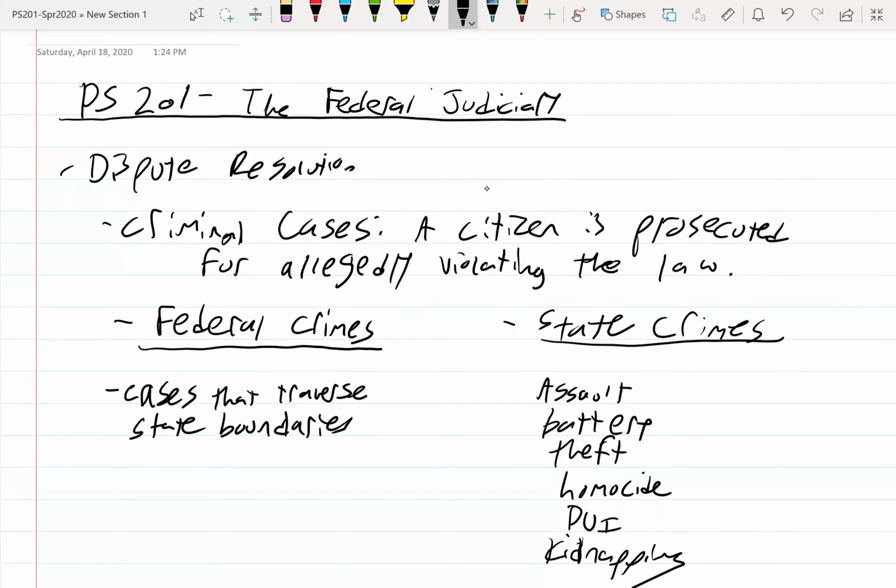If it happens within one particular state, it would be in this column of state law. If it traverses state lines, sometimes the federal government might get involved. That's just one example, but in general, cases that go beyond different state boundaries, oftentimes the federal government takes over their prosecution. Drug trafficking, for instance.